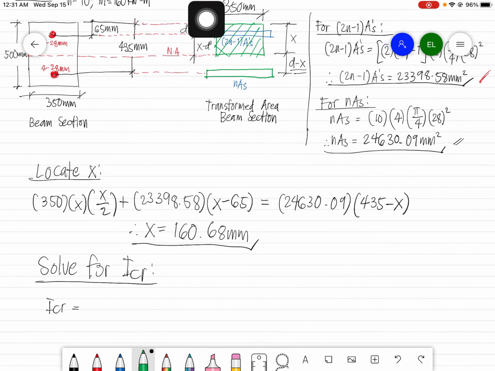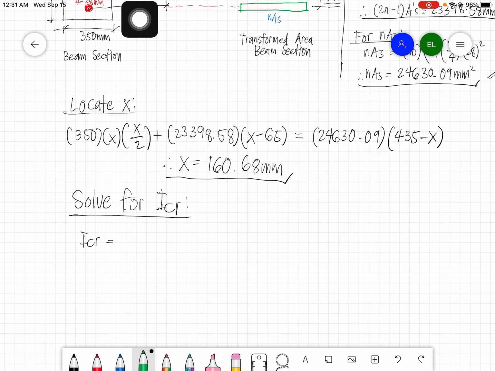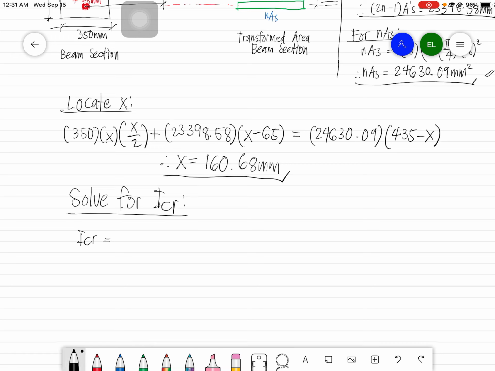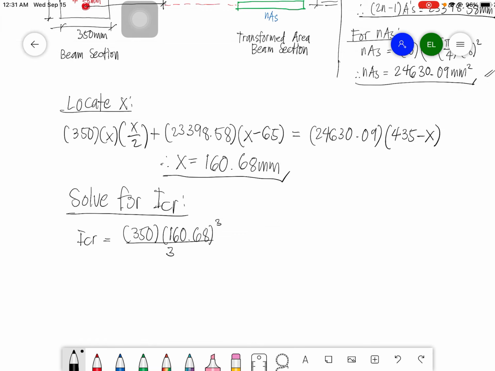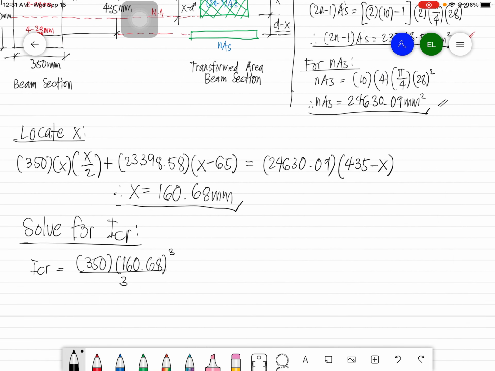Again, this portion here, that is rectangular, and that is bh cubed over 3, where h is the value of x, so 350 times 160.68 cubed over 3. Okay, that is for the concrete.